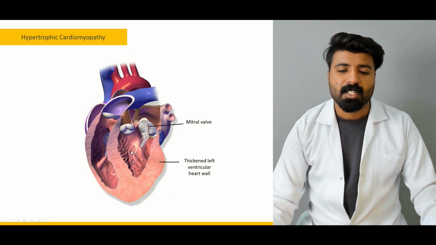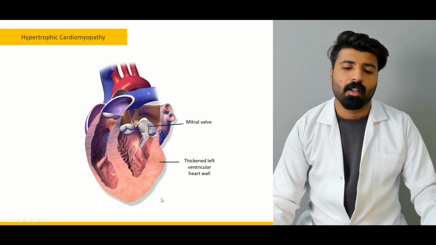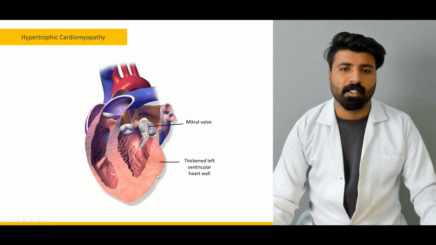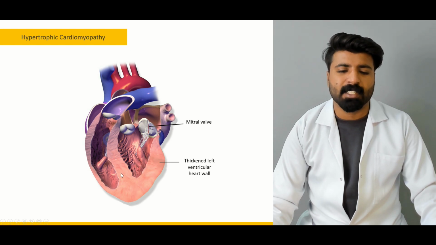Now, what's the difference between a hypertrophic cardiomyopathy and a normal heart? You can see this thickened left ventricular heart wall. Now, what will happen in a normal heart? This won't be thickened. This will be of normal thickness, and this chamber will be larger in size.